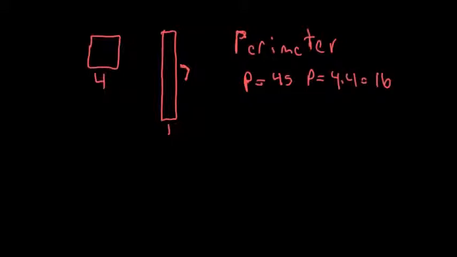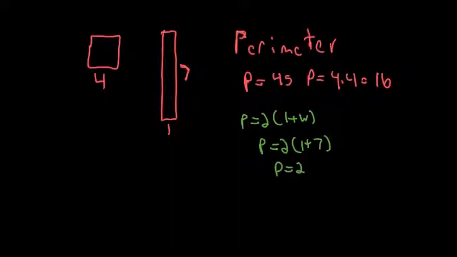So for the rectangle, my perimeter equals 2 times length plus width. So my perimeter equals 2 times 1 plus 7. 1 plus 7 is 8. So my perimeter is 2 times 8, which equals 16. So these have exactly the same perimeter.